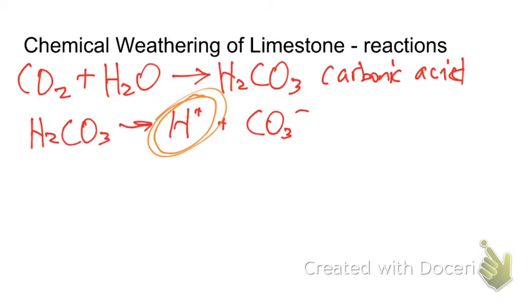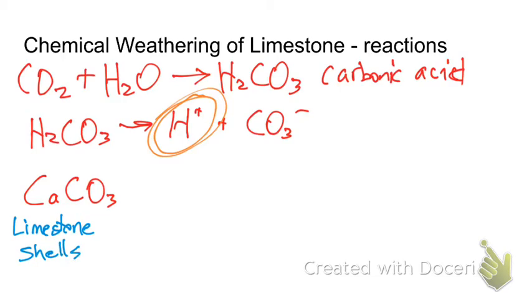All right. So then you have this calcium carbonate. Now, this could be limestone. It could be shelled creatures. It could be coral. Any of these things, they're all made of calcium carbonate.